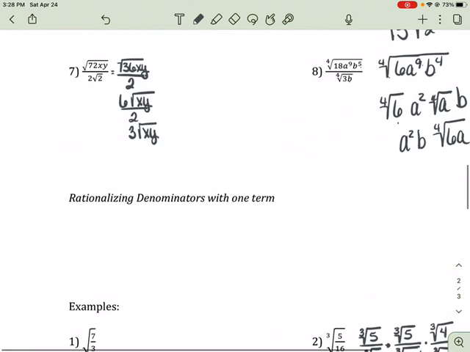All right, so one of the things we're not allowed to have in the bottom of our fraction, kind of bad math, we're going to get rid of the denominator.